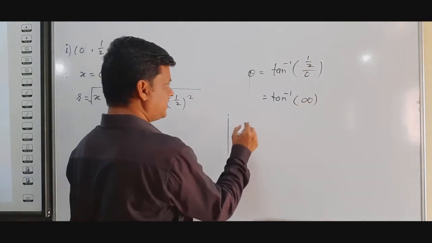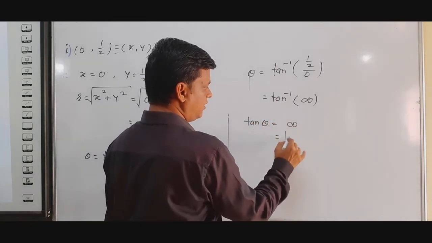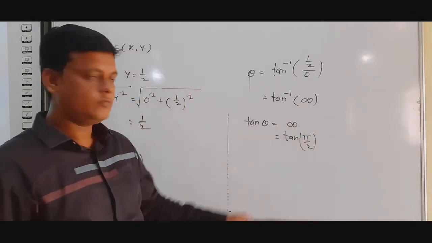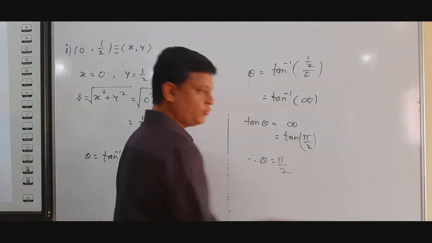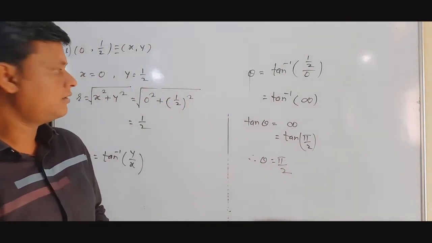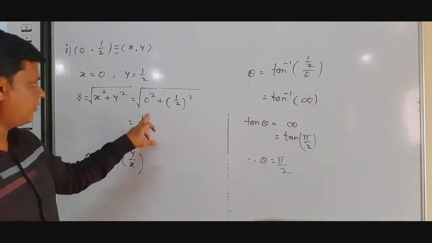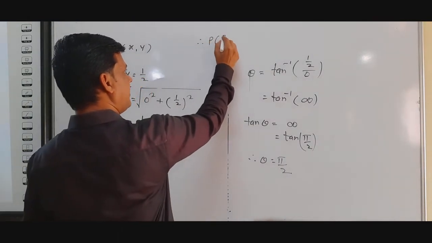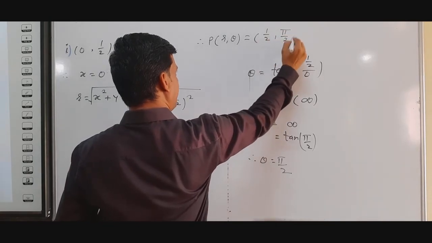So we write this as tan theta is equal to infinity. We know for angle pi by 2 we get infinity. Therefore theta is equal to pi by 2. Therefore we get the polar coordinate form as r we calculate 1 by 2, theta we calculate pi by 2. Therefore P(r, theta) is equal to (1 by 2, pi by 2).